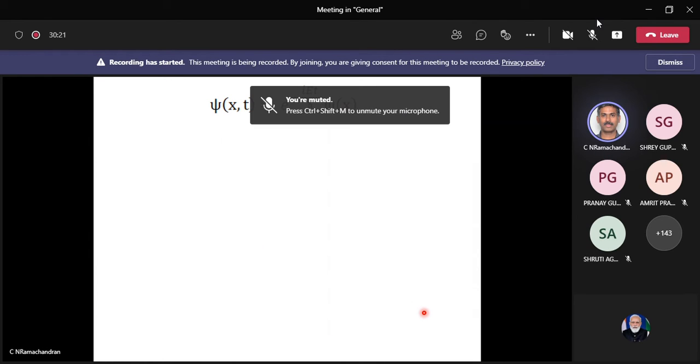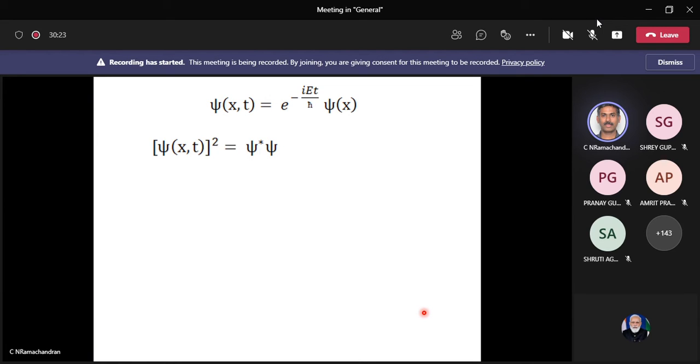Okay. Now if you take its square. For example, psi of x,t, now you take its square because we have this wave function. If you take its square, again, please remember that this is the conjugate I'm telling. Moreover, you can see that it is an imaginary function, so you have to take that, no doubt at all.